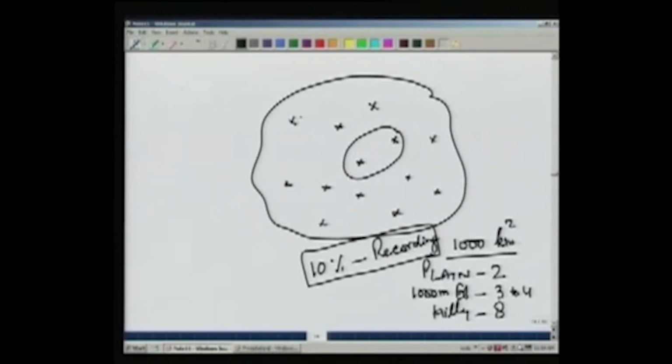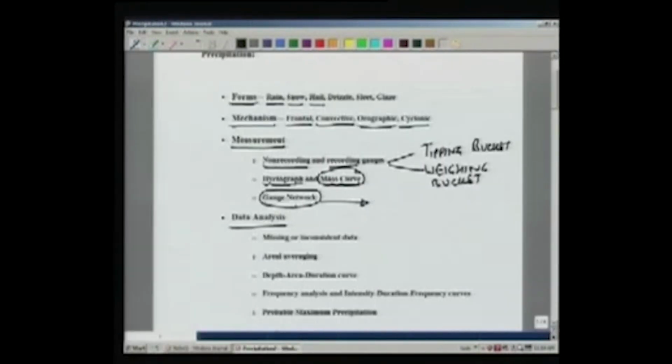For example, there may be a rain gauge here where we have data for every day, but one day the person who was supposed to collect the data could not go there, and therefore we have a missing data. So how to estimate or how to take care of the missing data, that is the first thing we will see.